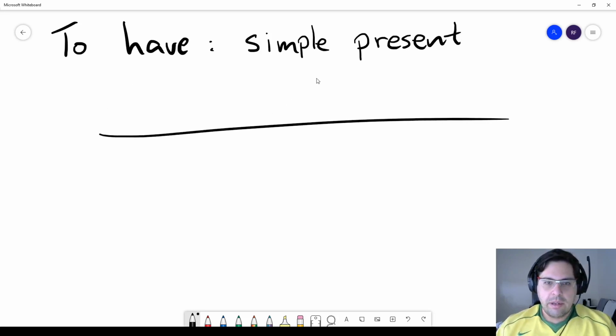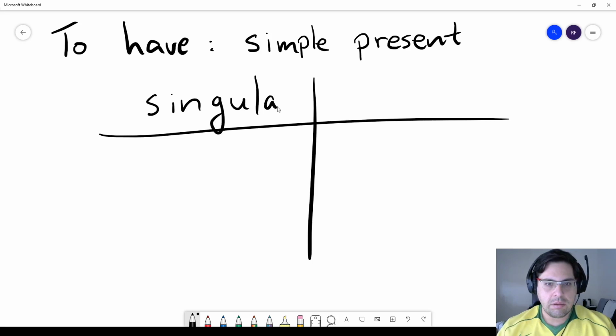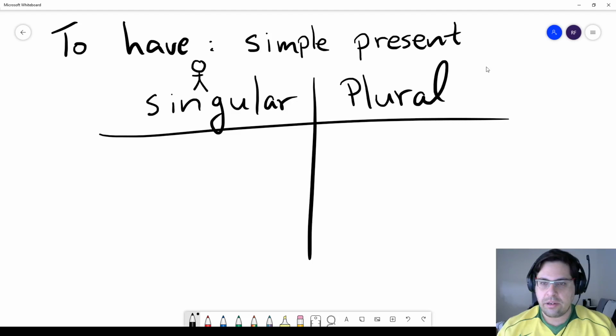Okay, so we have our table here. We're going to put singular and plural. Now remember, singular means the subject, there's only one actor, and plural means there's more than one. There are more than one actors.